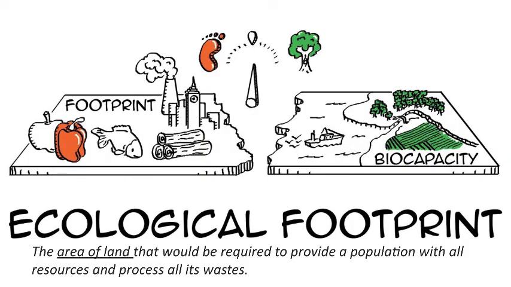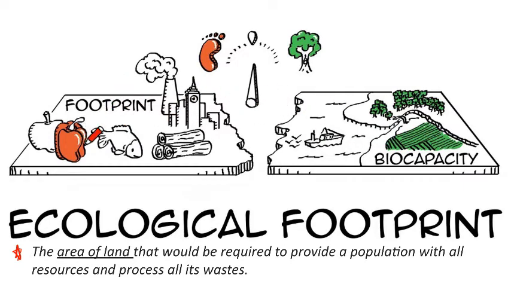The next big concept we'll be discussing here is the concept of an ecological footprint. An ecological footprint is defined here as the area of land that would be required to provide a population with all resources and process all of its waste. Essentially, ecological footprint is pictured here, and the idea that the footprint and the biocapacity are kind of interrelated.